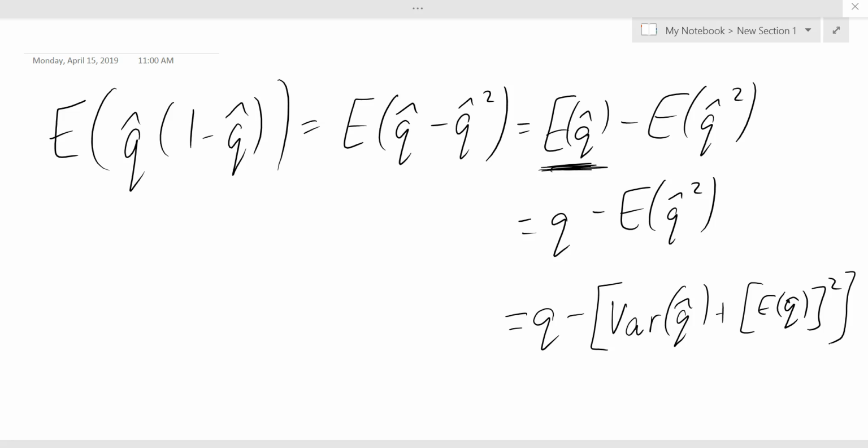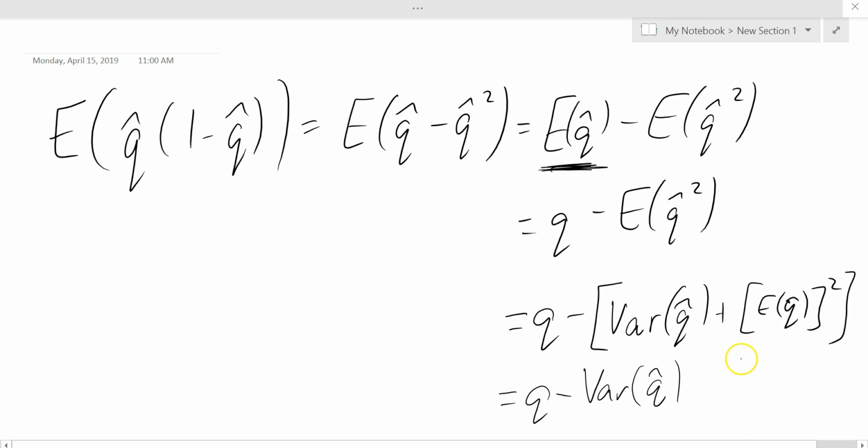Just using the formula for variance that we typically use to calculate variance and just rearranging it, adding expected value squared to the other side. Now do we know these pieces? Well, I'll do the variance of Q hat by itself.